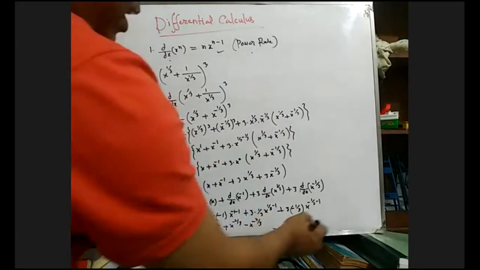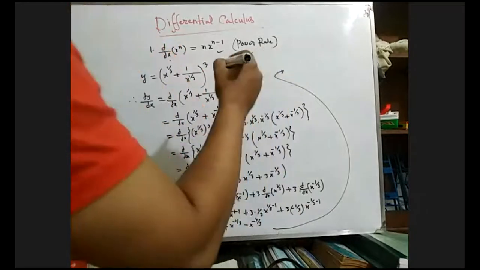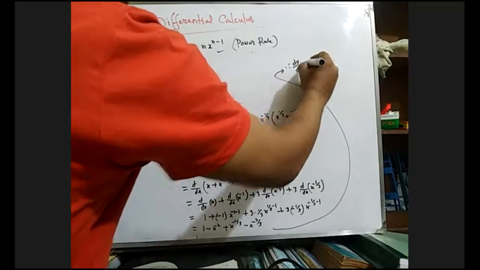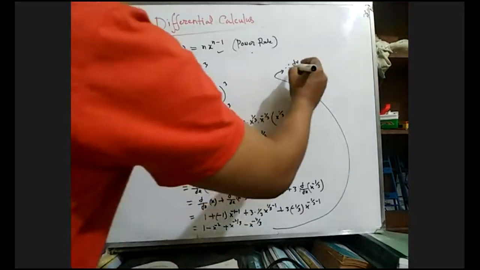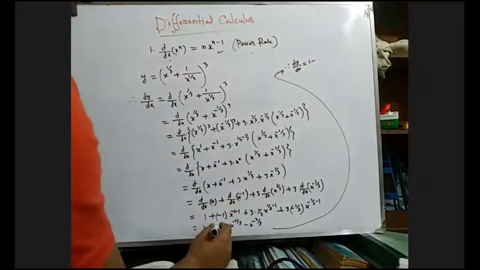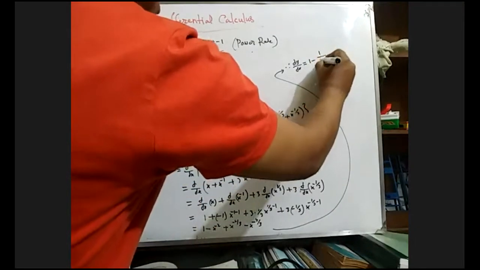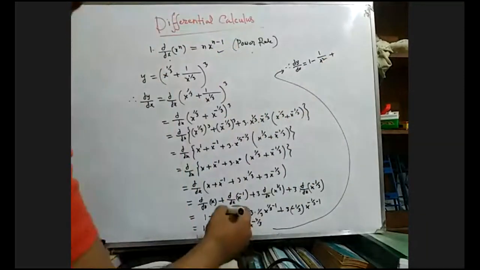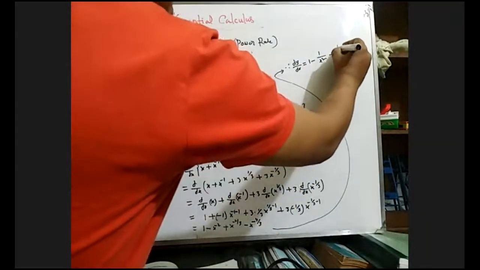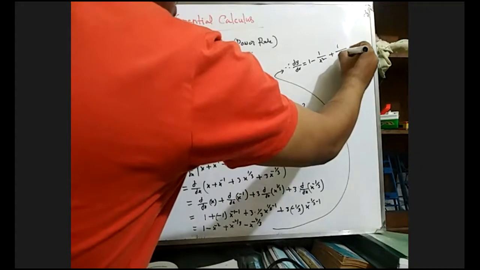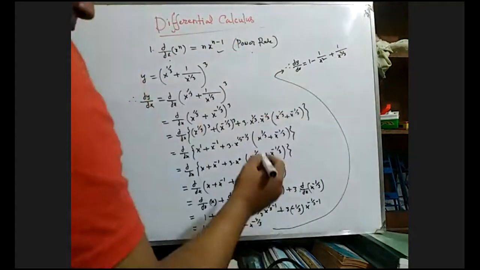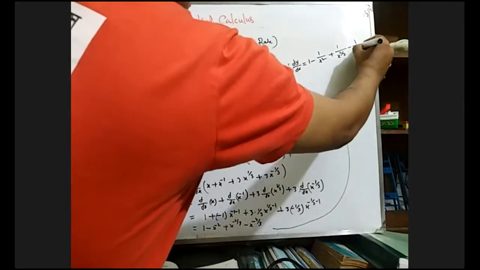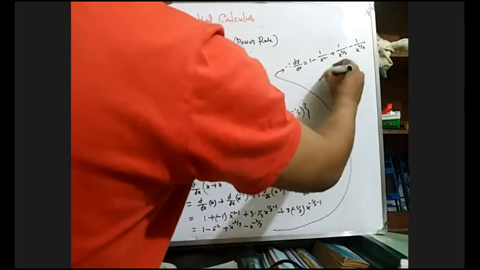Therefore dy/dx equals 1 minus 1 by x square plus 1 by x to the power 2 by 3 minus 1 by x to the power 4 by 3. This is the result.